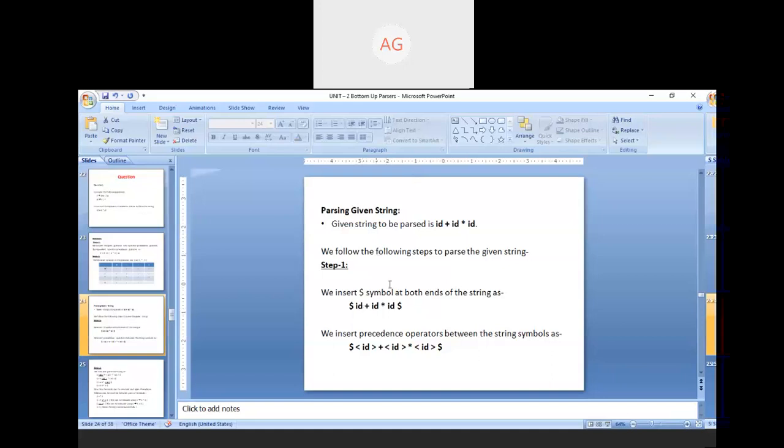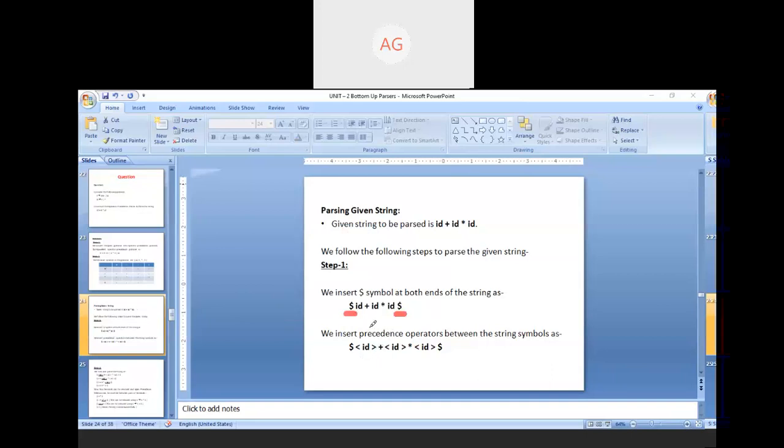So basically, the first step, we need to put dollar sign at the beginning and the end of the string. So just like that, we need to put the dollar sign at the beginning and at the end of this string.